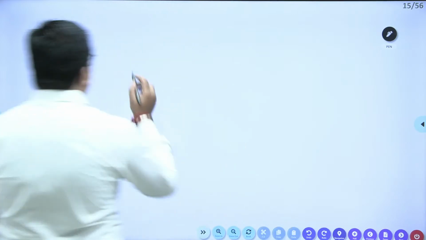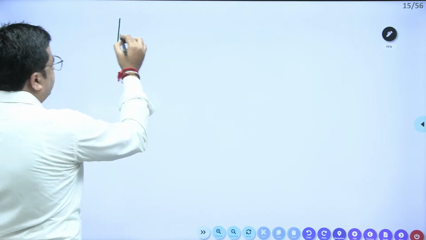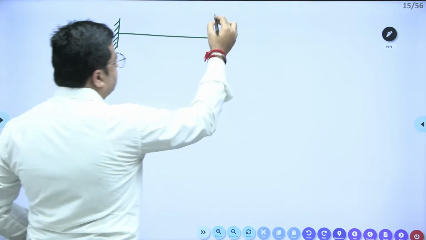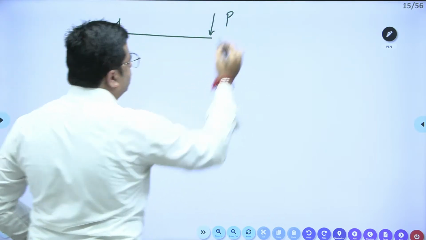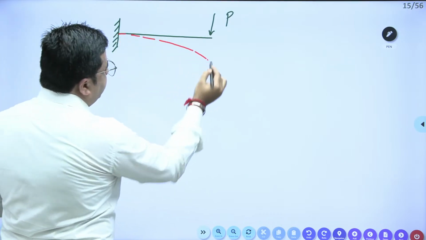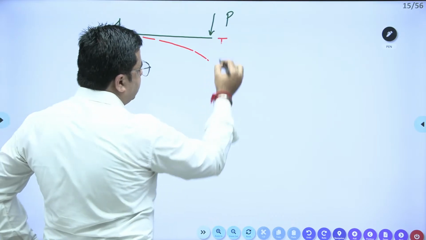So let me draw one diagram for you. Quickly, let me draw a beam like this. It is a cantilever beam over which load P is acting. Due to this load P, this beam will undergo some deformation delta.